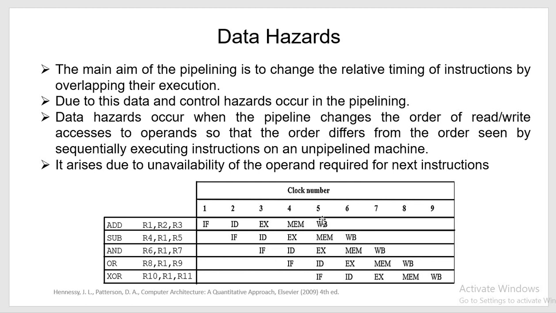So what is the data hazard? The situation of data hazard occurs when the operand required for the next instruction is not available, or it depends upon the outcome of the previous instruction. Then the next instruction will have to wait until the data is ready.